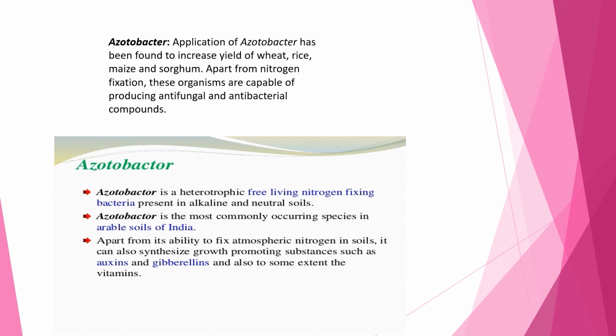Acetobacter is a heterotrophic, free-living, nitrogen-fixing bacterium present in alkaline and neutral soil. What does it mean? Some soils, especially near the mangrove region where salty soil is present, are alkaline in nature.